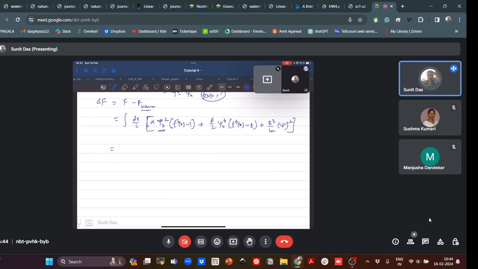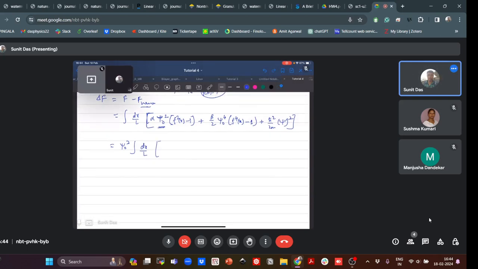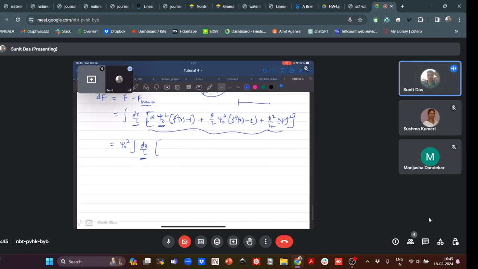If we take out that psi 0 constant part outside, dx by L, sorry, L is there because we are considering the free energy density. So this was free energy, and the density is with L because we are considering simply the 1D case, and then it is integrated over x, which will give me again the free energy.